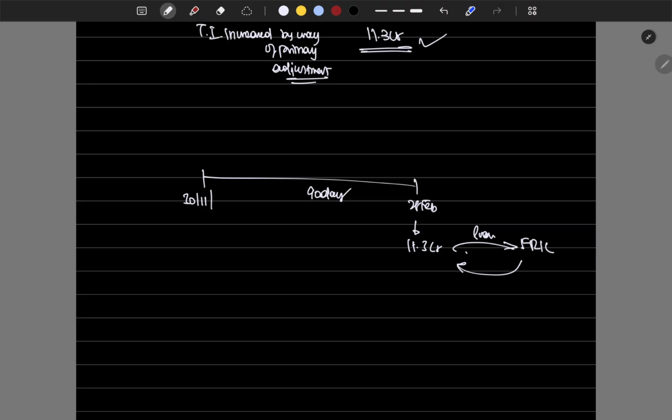That interest will be treated as interest income in the books of Fast Growth Limited, and this will be treated as a loan to Eric.